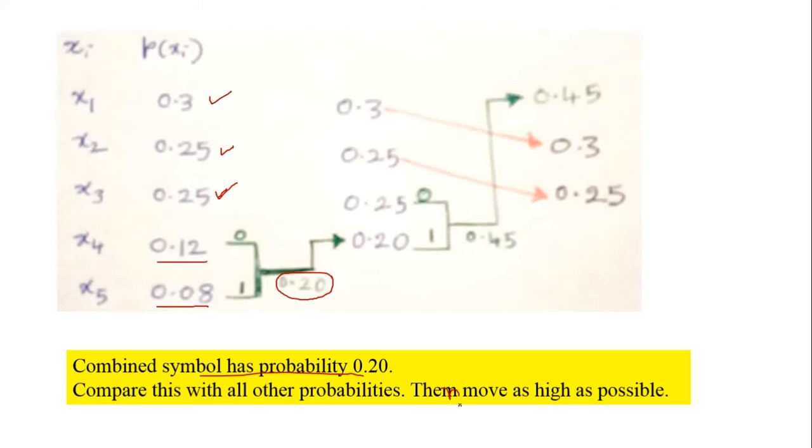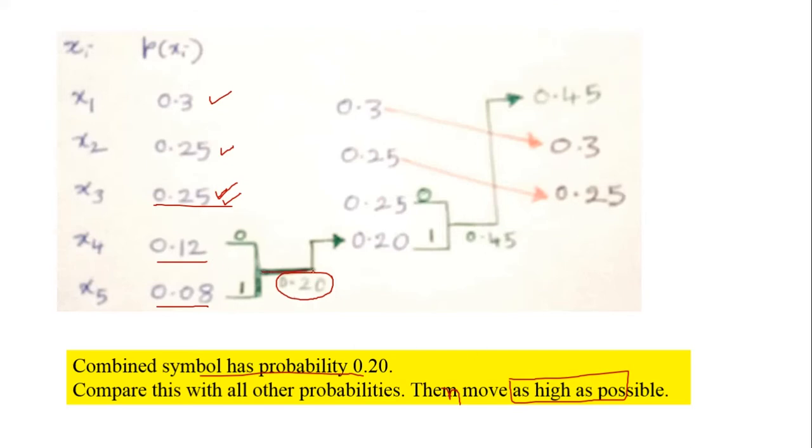We follow in this algorithm, then move as high as possible. As high as possible means we will compare 0.20 with 0.3, 0.25 and 0.25, and like this. We should move as high as possible. We cannot move the 0.2 symbol up here, because we have to see the lowest possible value.